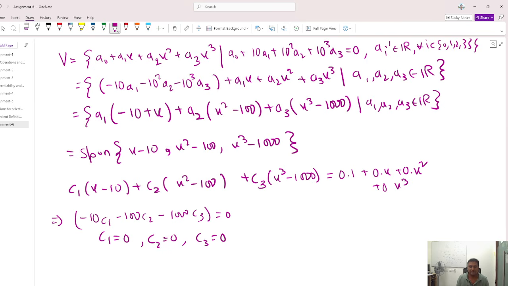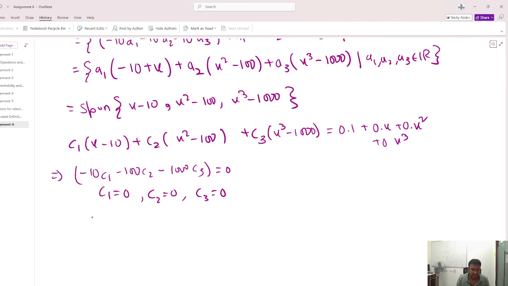You can compare the coefficients. What it means is all the Ci's are 0 if this linear combination is 0. So all three vectors are linearly independent.